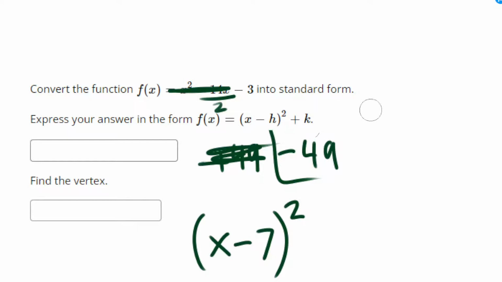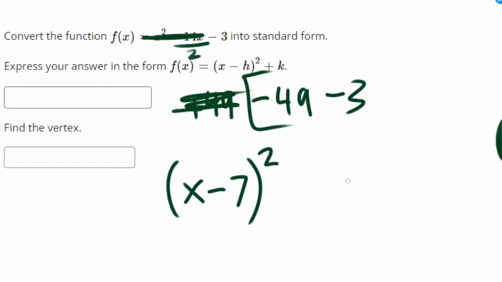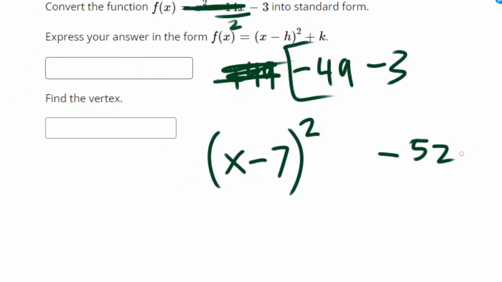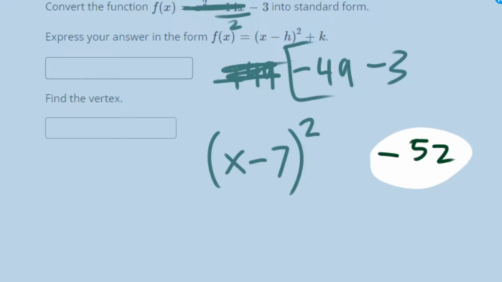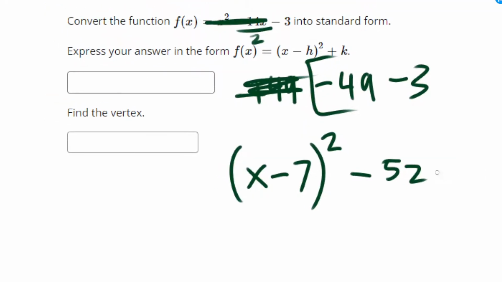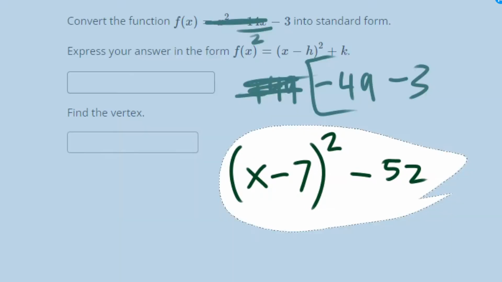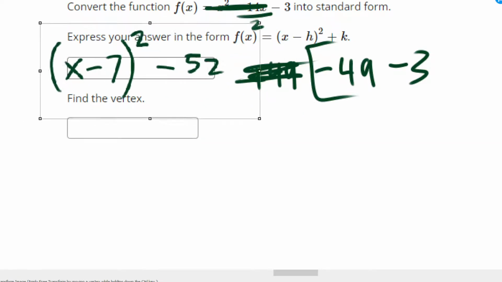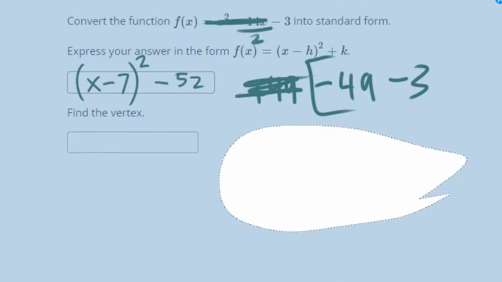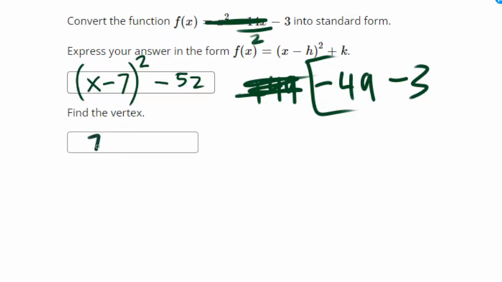And now we are going to take our -49 and minus 3. So we get -52. And that is our equation. x minus 7 squared minus 52. Because there's nothing in front of the x squared, there's no a factor in this. And our vertex is going to be positive 7 and -52.